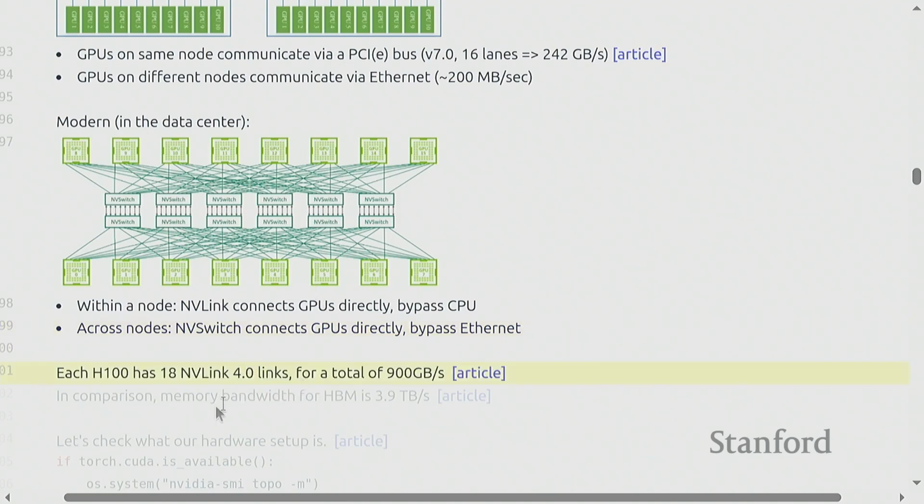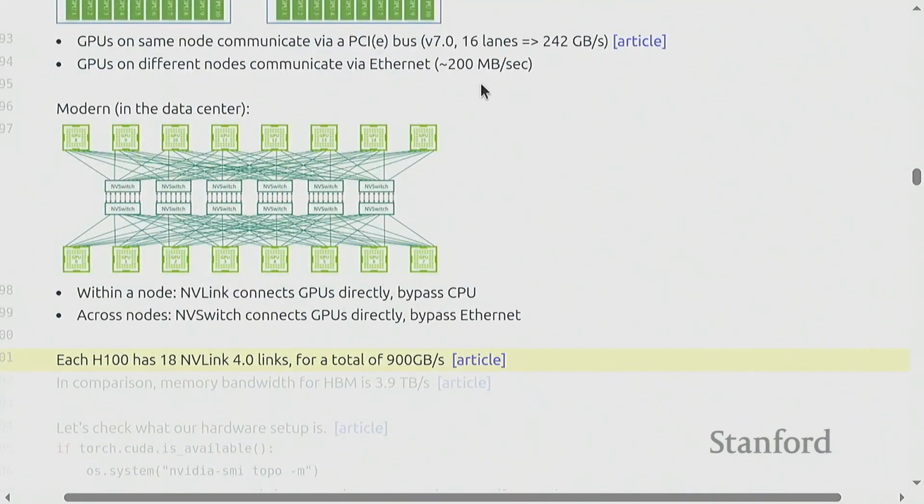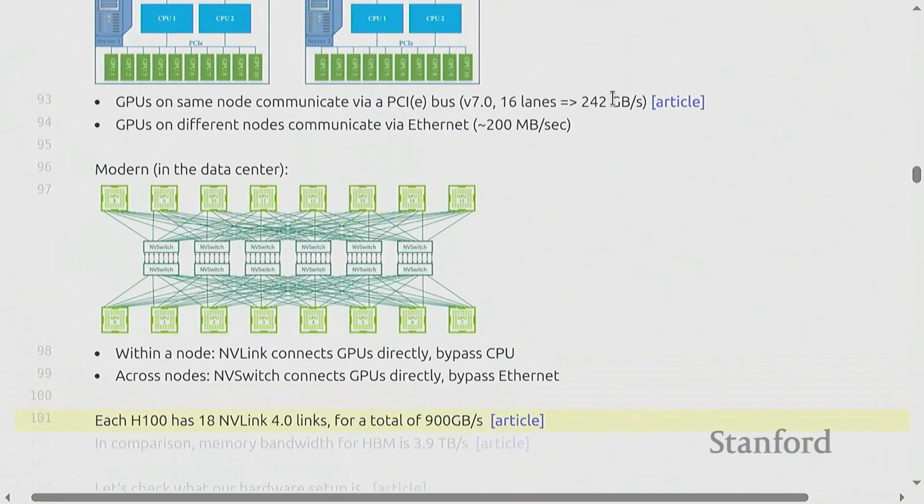So if you look at H100s, each GPU has 18 NVLinks, generation 4 coming out. So that gives you a total bandwidth of 900 gigabytes per second. If you compare to these, it's certainly a lot faster than PCIe, and it's certainly way faster than Ethernet.